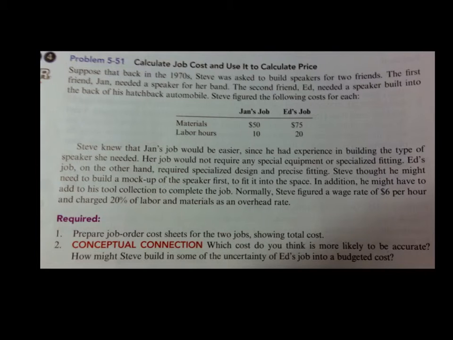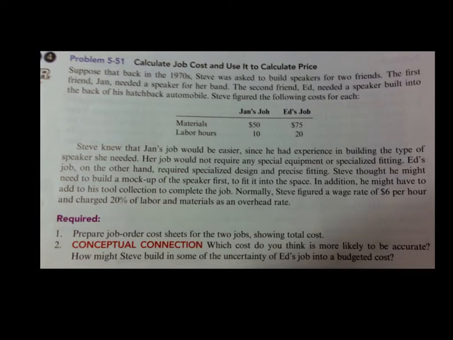For materials for Jan's job, $50. For Ed's job, $75. Labor hours, Jan's 10. Ed's job, 20. Steve knew that Jan's job would be easier since he had experience in building the type of speakers she needed. Her job would not require any special equipment or specialized fitting. Ed's job, on the other hand, required specialized design and precise fitting.